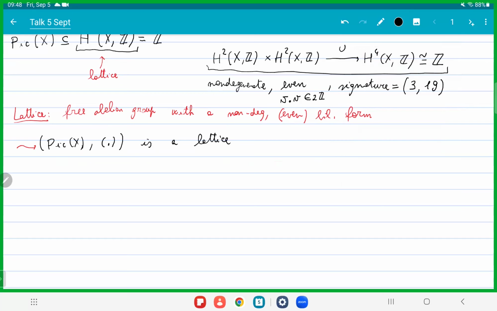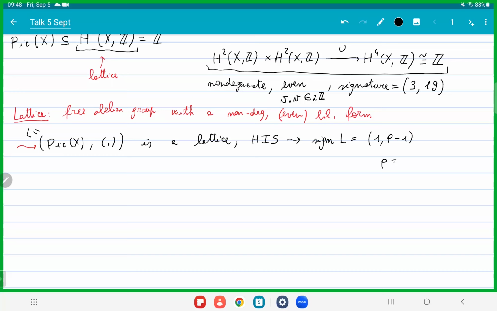So again, it's non-degenerate, it's even, but the signature changes. And the signature of this is given by the Hodge index theorem that I'm sure you have all seen. Otherwise, just feel free to stop me and I'm going to talk about this. But the Hodge index theorem says that the signature of this lattice, let me call it L, is (1, rho minus 1).